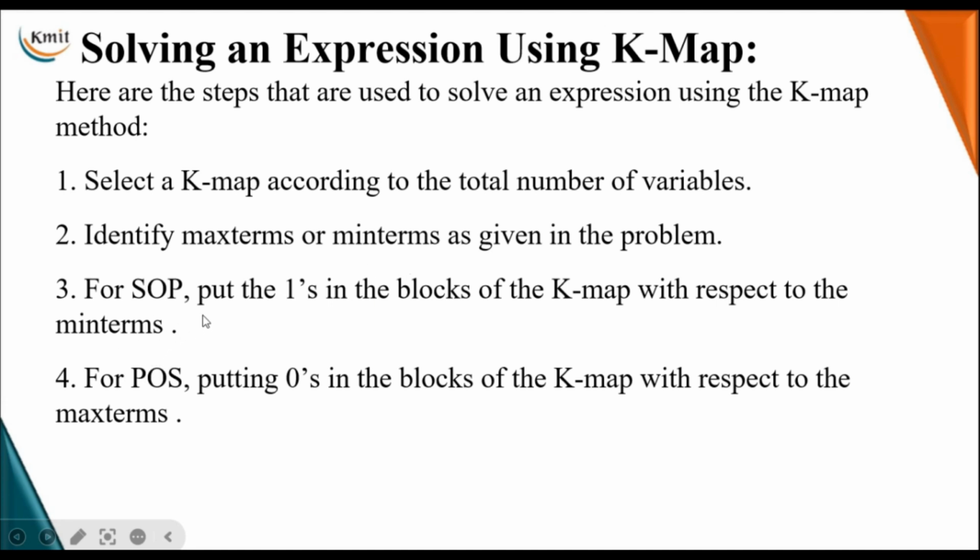For standard SOP, you take the minterm functional values which are 1 and put those logical ones onto the corresponding cells of the K-map. If your function is in POS form, the functional value of a maxterm is 0, so those zeros must be placed on the K-map blocks corresponding to the maxterm cells.